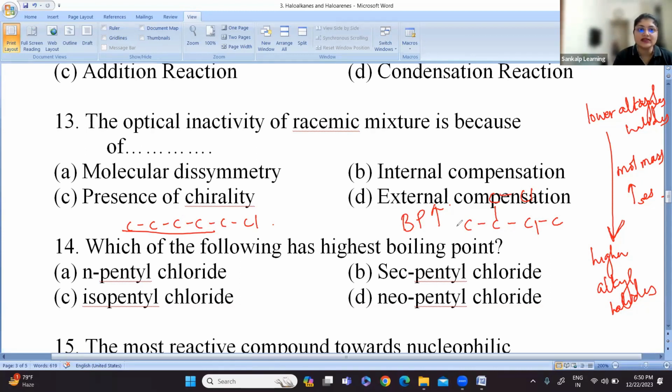So as branching increases, the surface area goes on decreasing, so the boiling point also decreases. Remember, a straight chain compound will have a higher boiling point. So N-pentyl chloride. When we are talking about boiling point, these are the things you need to remember. Is it correct? Is it fine?